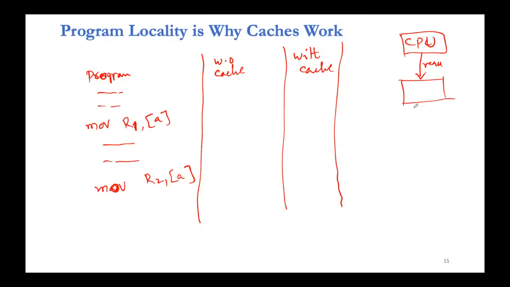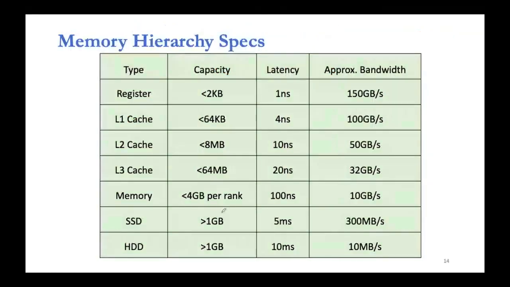Without cache, the operand A is located somewhere in the main memory, and once the CPU requests it, it is located and sent back to the CPU.